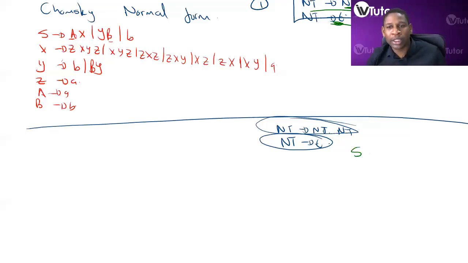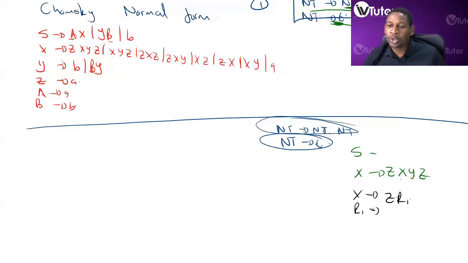If, for example, we've got X goes to Z X Y Z, there are two ways to do it. The first one, you can say X goes to Z R1, where we introduce a new non-terminal, R1.